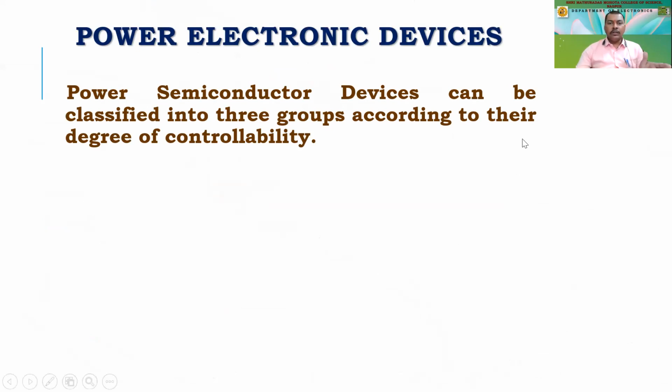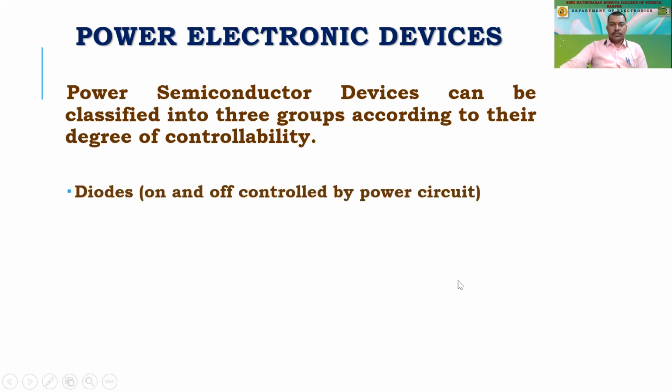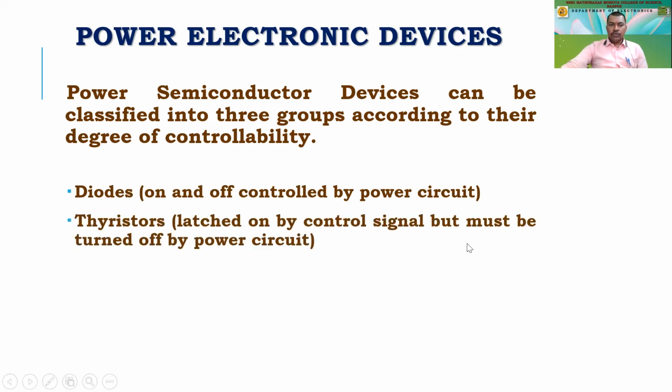These are all semiconductor devices, and in the last classes we completed semiconductor diodes, transistors, then FETs, field effect transistors, and MOSFETs. In continuation, we'll be studying these power electronic devices. They consist of power diodes, and then we are concerned with thyristors.